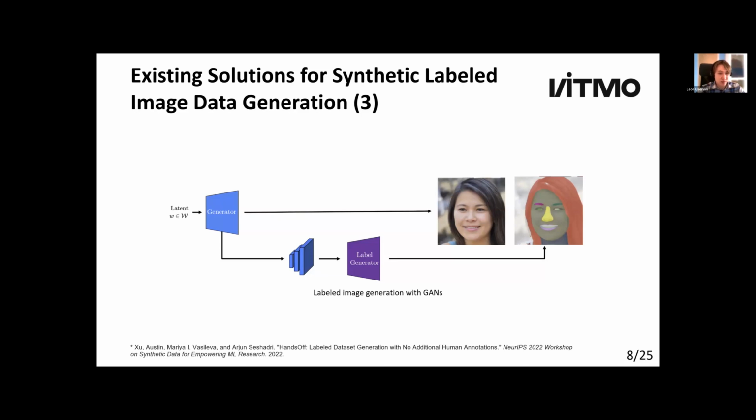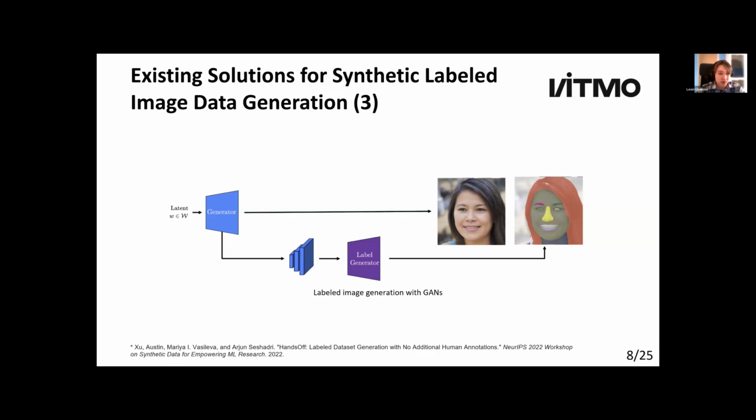Another thing we can do is use GANs, generative adversarial networks. We can use a GAN to generate some image and some label generator to generate labels, as was proposed in some papers. For example, there is an image from the paper Hands Off.